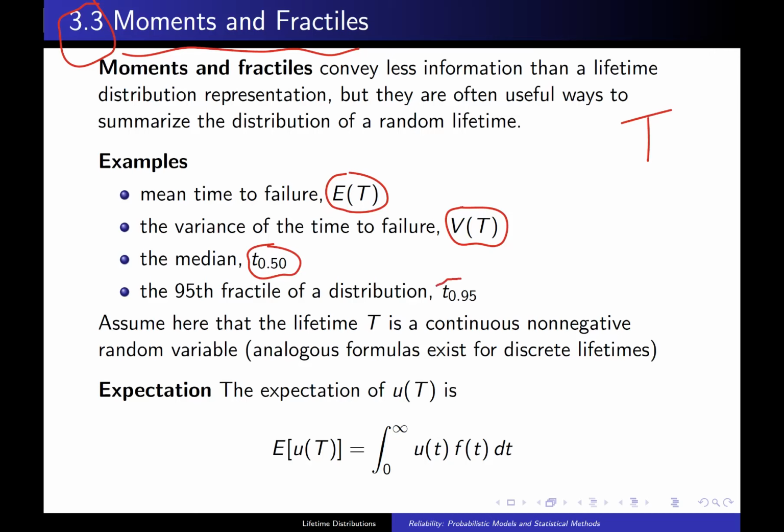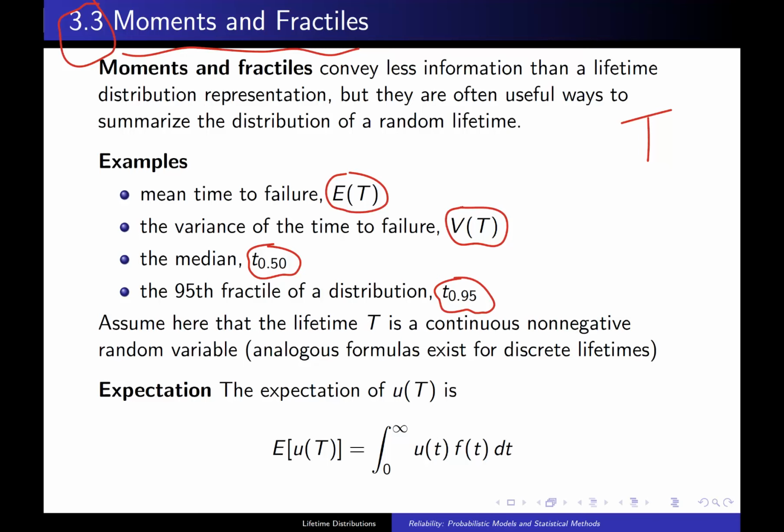Another is the 95th fractile, sometimes known as the 95th percentile of the distribution. And interesting in reliability, sometimes you want to know these early fractiles of the distribution, such as the second fractile of the distribution, because that's corresponding to early failures.